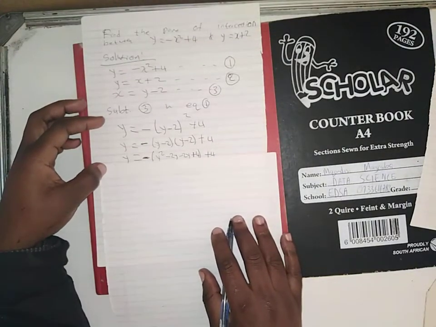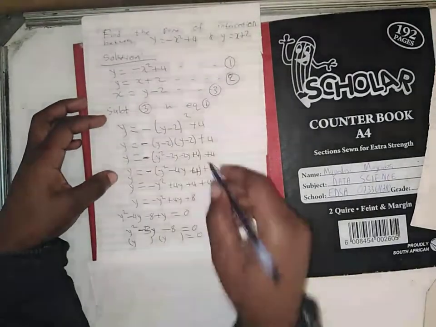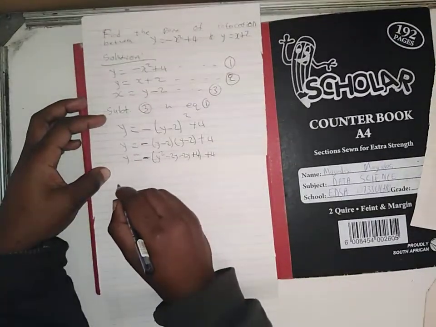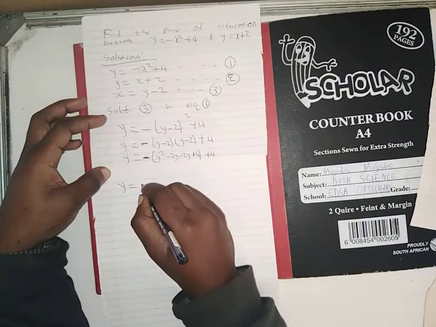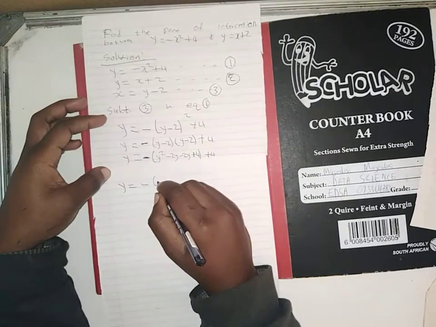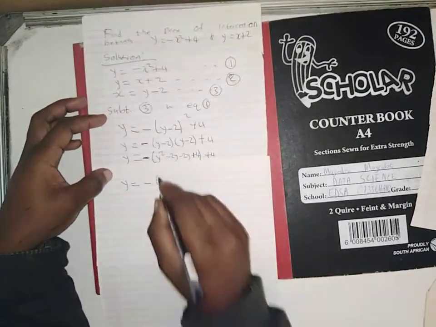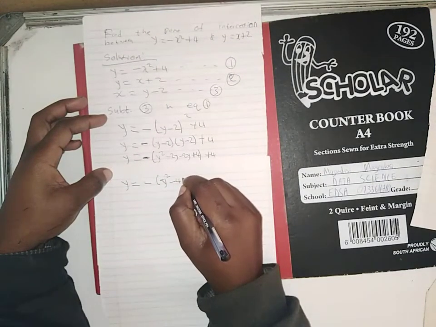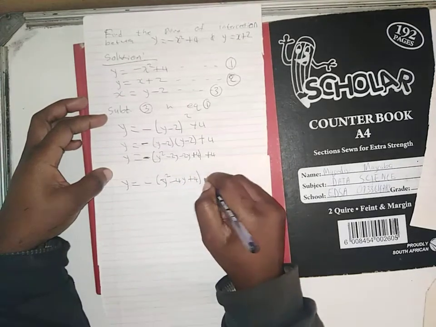So basically, if you end up having plus 4 here, obviously the whole thing will change. So now you say, okay, now we've got y, which is equal to minus, and then you've got y squared minus 4y plus 4, and then there's this plus 4 on the side.